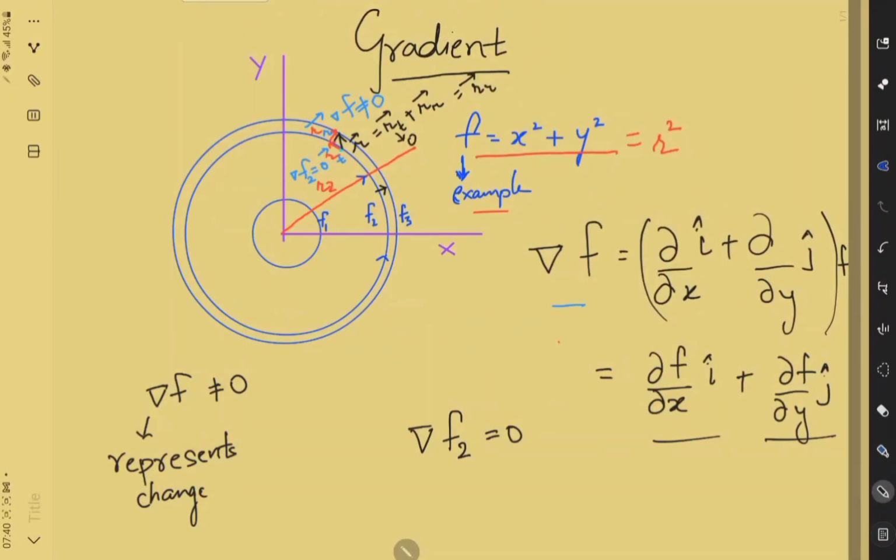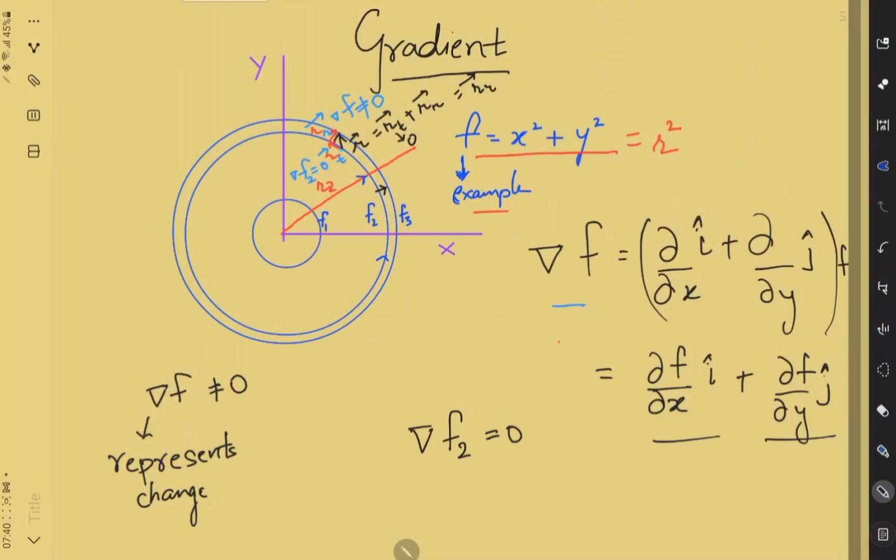So the direction of gradient is always perpendicular to the curve defined by our given function.